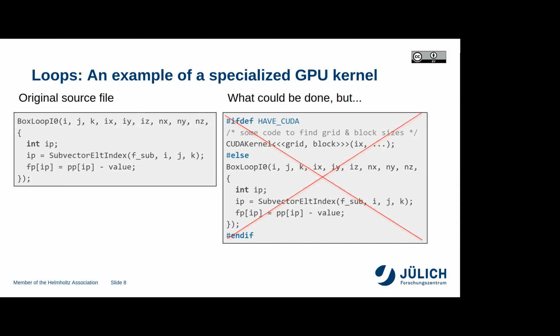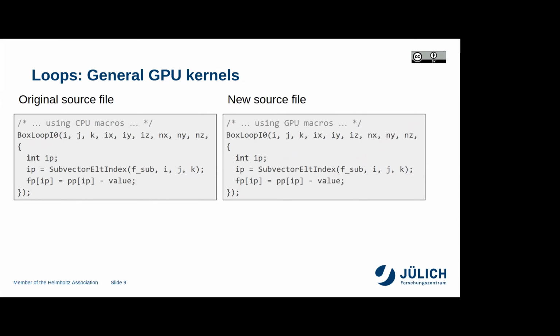So what is done instead is exactly the same as what was done with the memory management. We just write another BoxLoopI0 macro and use that when compiling the GPU version, so that all loops found in a particular compilation unit run on the GPU without ideally modifying the loop interfaces in the source files at all.